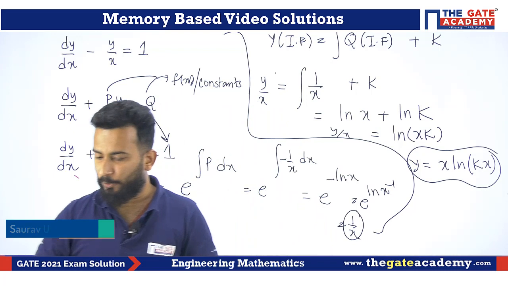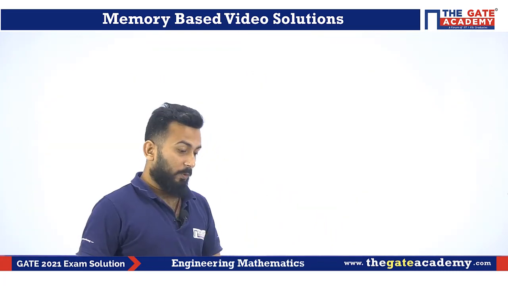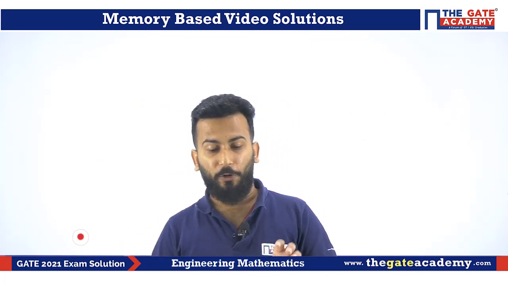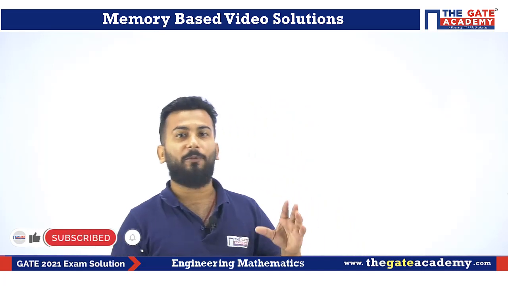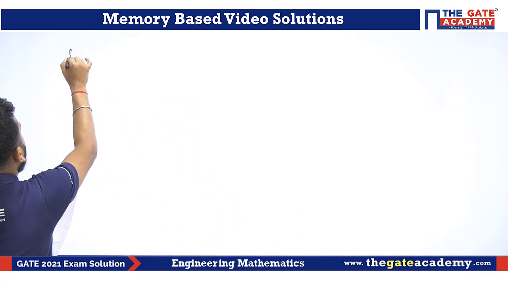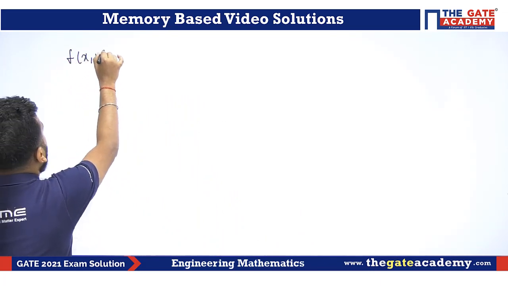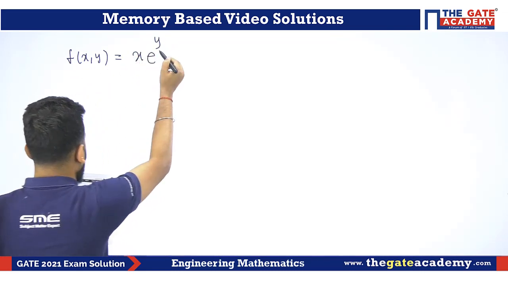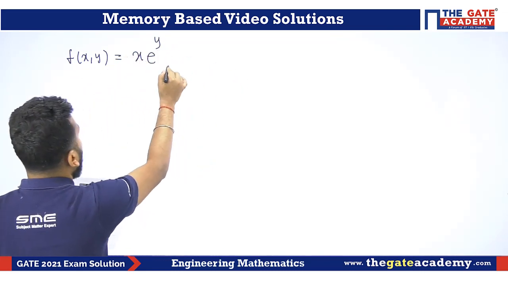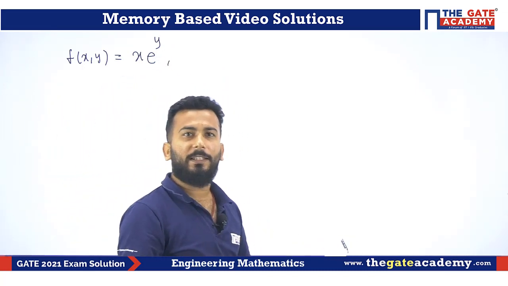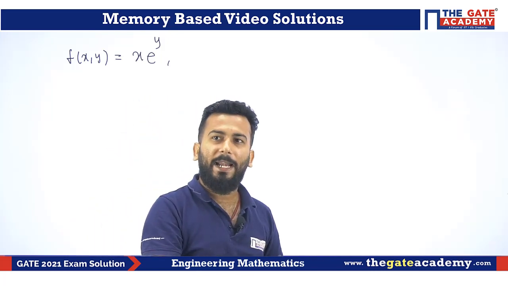Now moving on to the next question, and now a good question from directional derivative is in front of me, and I hope that the students who have appeared in the paper have already guessed what the question is. The question is, a function has been given as x into e raised to y. Directional derivative of the function has been asked at what point? We all know, right? Directional derivative is always asked about at a point and a unit vector.